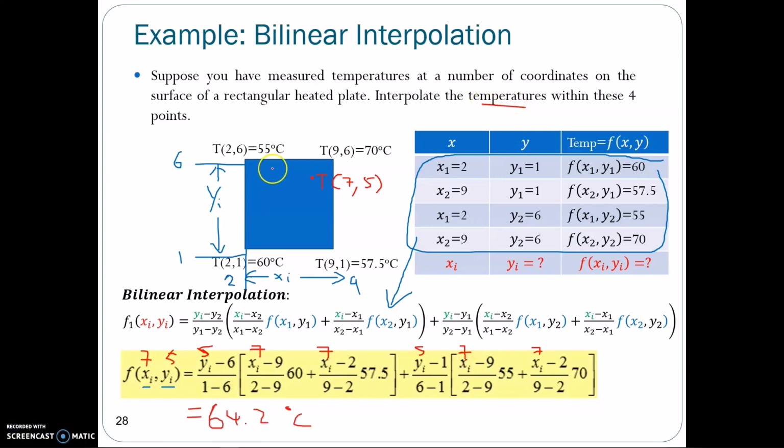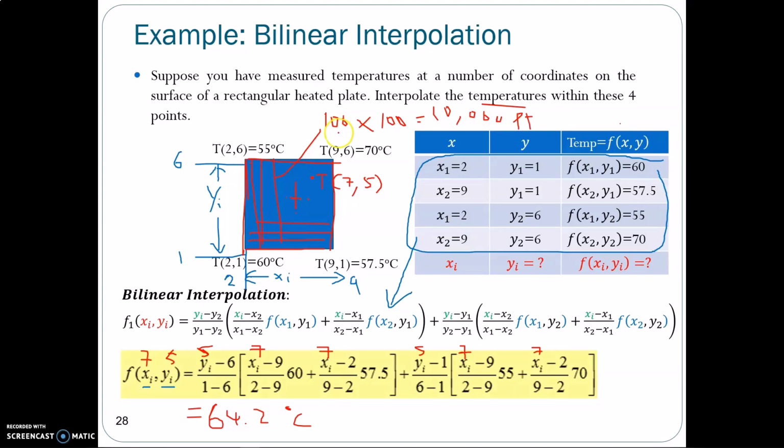To find the temperature distribution within these 4 points, let's split this into 100 points: 1, 2, 3, 4, and so on until 100. And in the y-axis, it is also split into 1, 2, 3, 4 until 100 here.